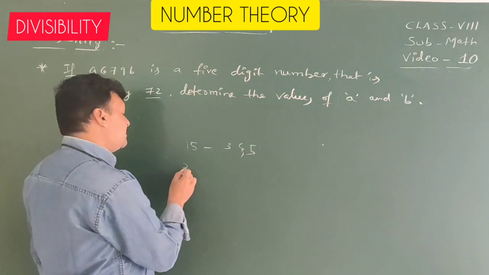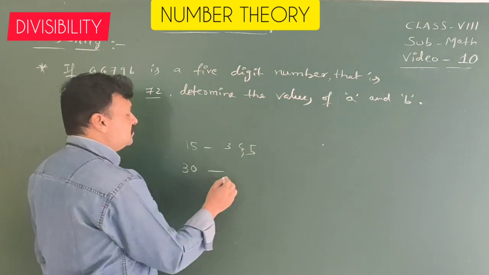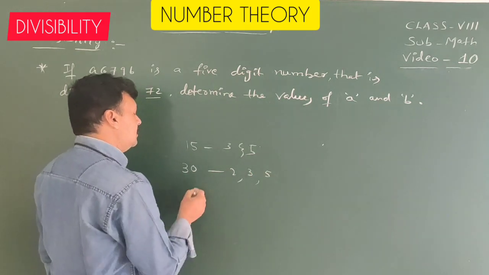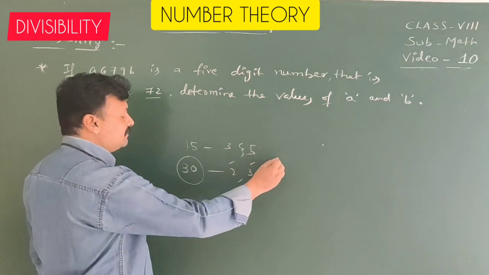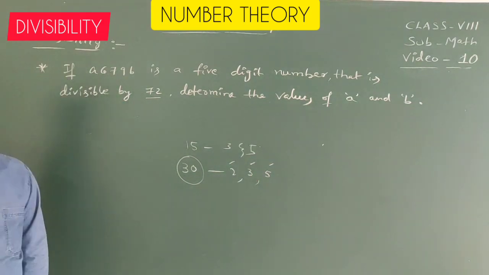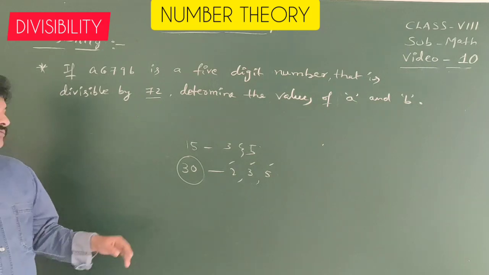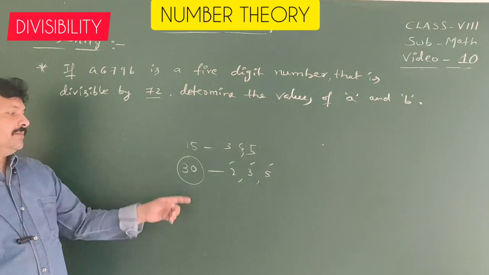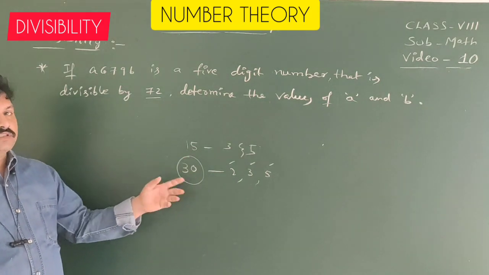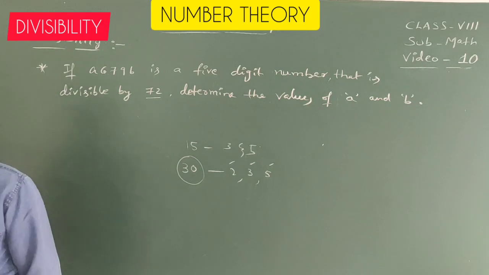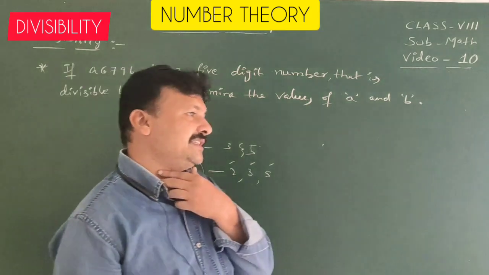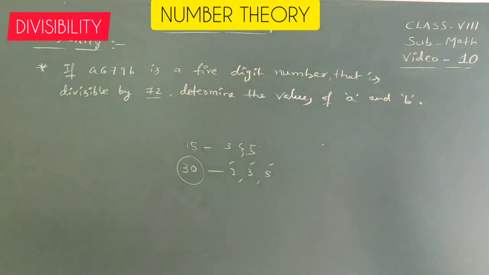For example, if 30 is given and a number is divisible by 2, by 3 and also by 5, then the number is divisible by 30, because 2, 3, 5 are co-primes. Only then it is divisible by 30. Otherwise, 5 and 6 can be taken directly; 6 means 2 and 3. If it is divisible by 2 and 3, then it is divisible by 6. Then 5. So this is the procedure.